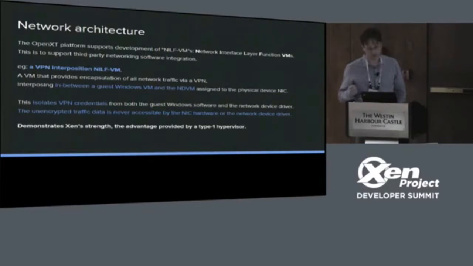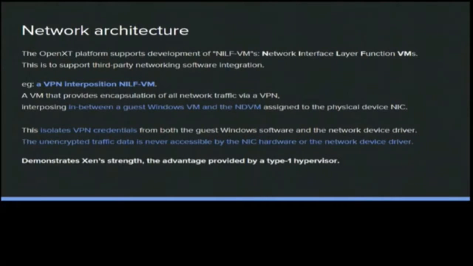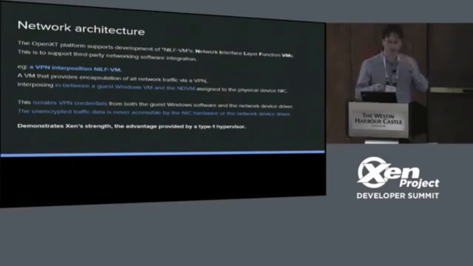The last point on the network architecture is that we also have support for Middlebox VMs that you can interpose either in between two NDVMs if you have your physical NICs separated, or between a guest VM and the NDVM, which would be the more common case. So the classic example is the VPN interposition VM, where your guest network interface goes out to your Middlebox VM, and that's where your network traffic is in the clear.